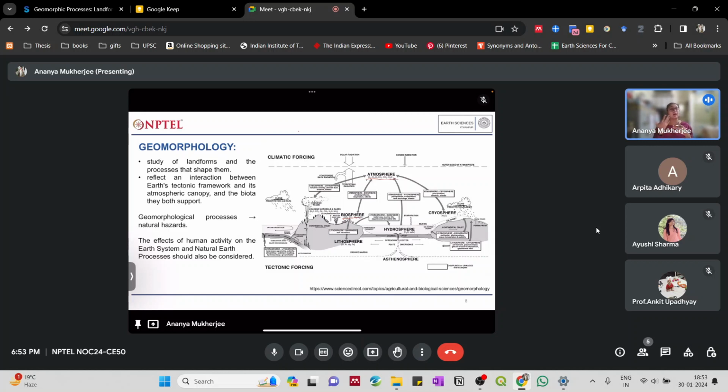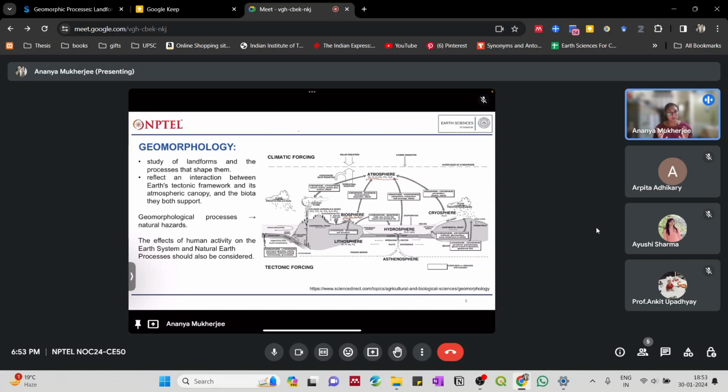So we need to understand the effect of erosion and weathering due to, say, the wind or the air over there, as well as surface water or groundwater. These are natural agents that are causing the weathering and erosion. But if it is exceeded by the human influence, then it becomes a problem for us.